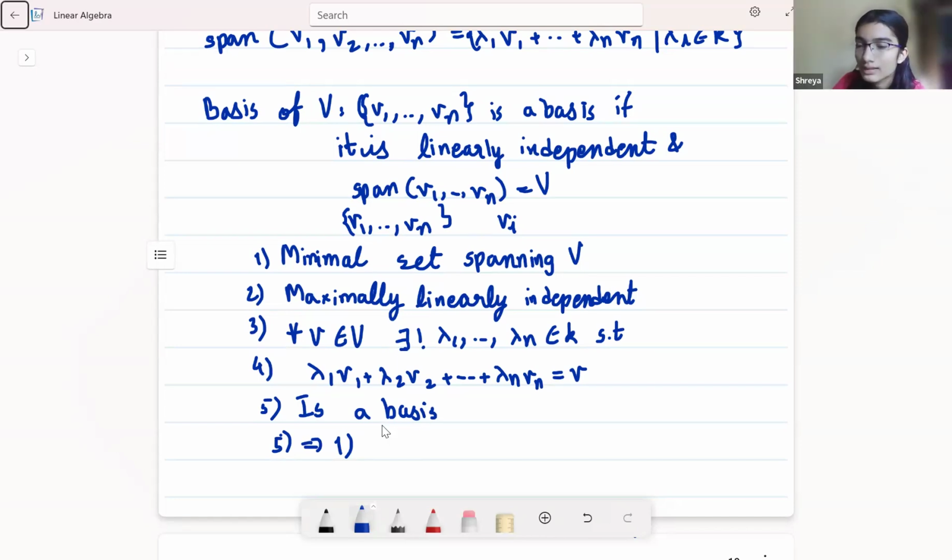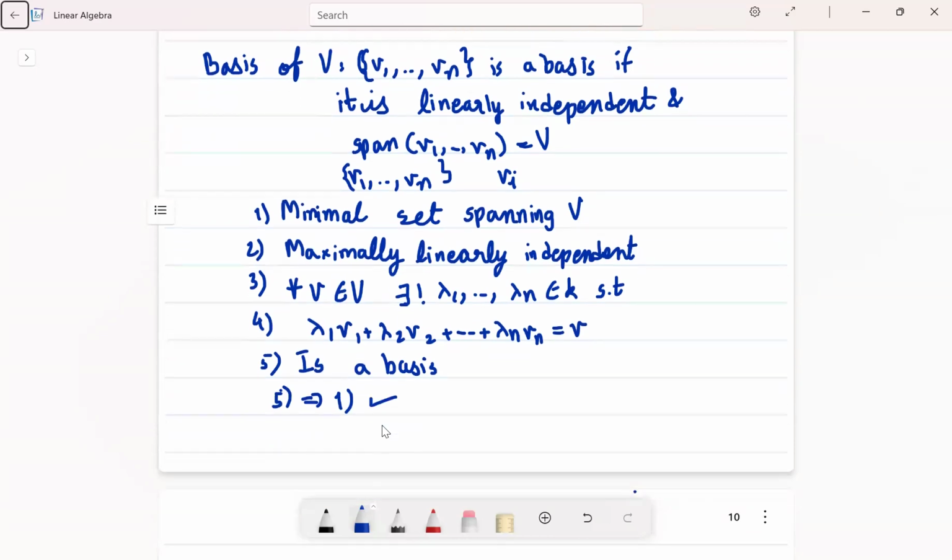Yes, because if it were spanning, then that element can be written as a combination of the others. And if I have to show the other way around, what is the other way around? If it's minimal and spanning, then it's a basis. That's what you need to show. Minimal.